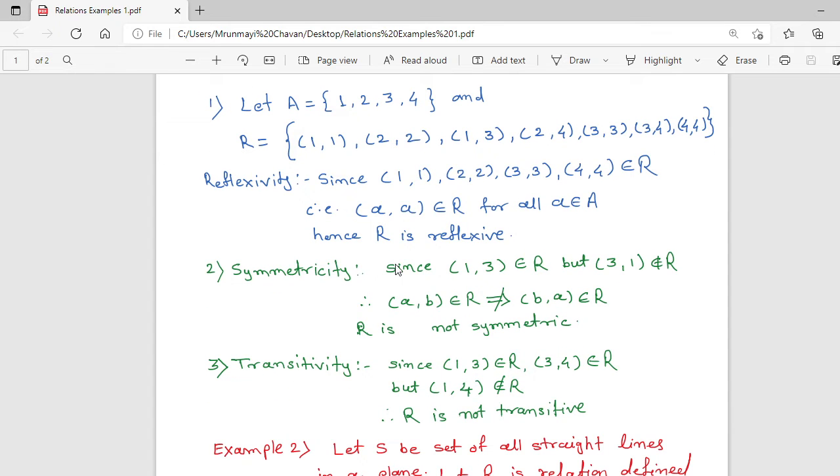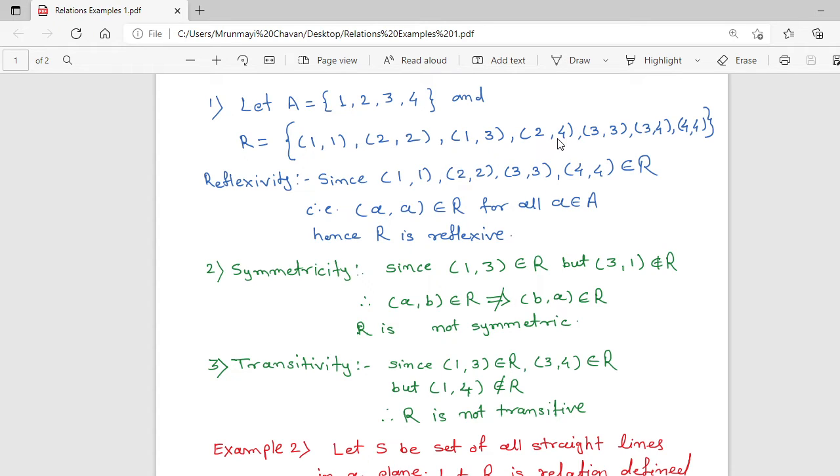Now, for symmetry, since if (1,3) belongs to R, (3,1) does not belong to R. Or any other pair you can take.